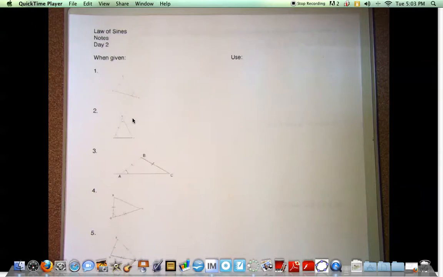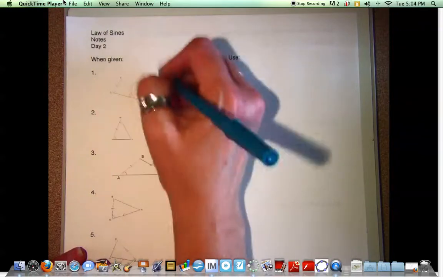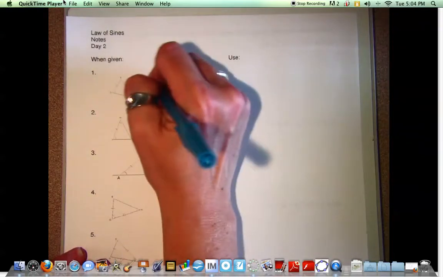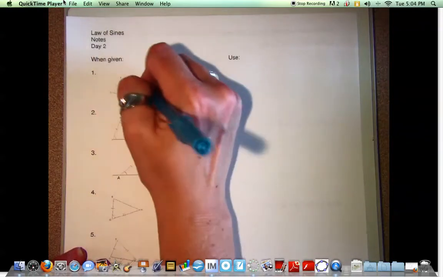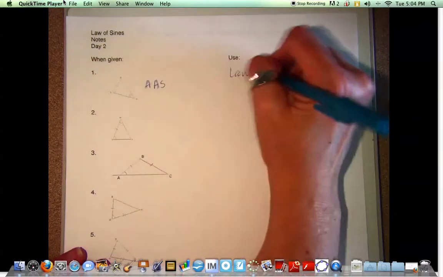All right, so yesterday we looked at triangles, and what we were given were two angles and a side typically. When you're given angle, angle, side, we used the law of sines.